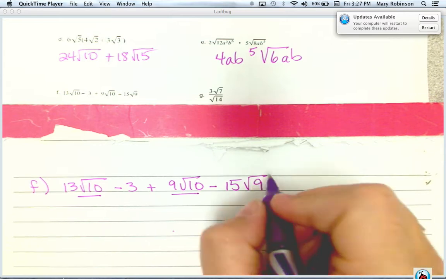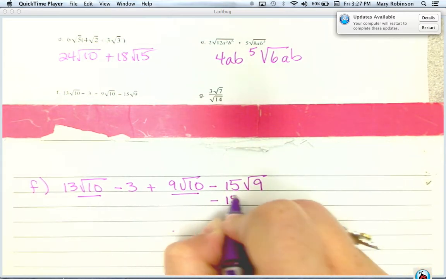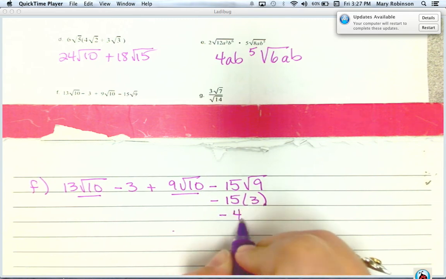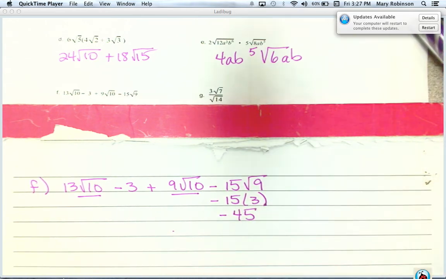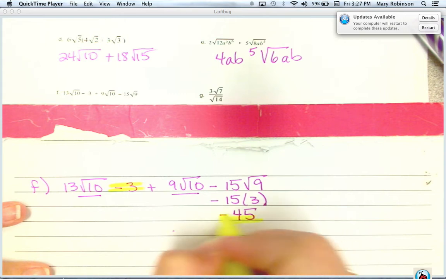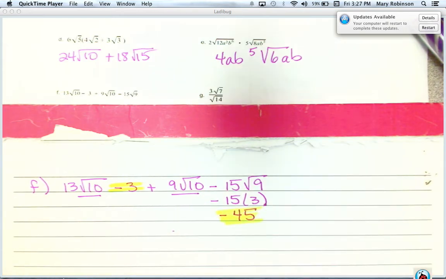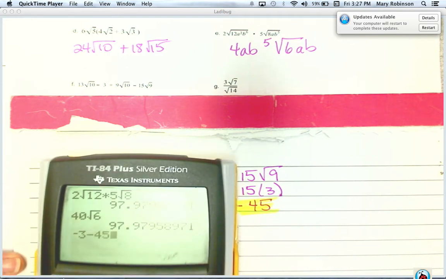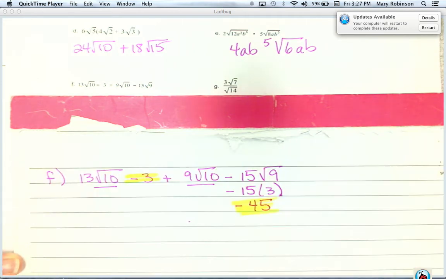Well, we should know that the square root of 9 is 3. So when we take our negative 15 and multiply 3, we get negative 45. That means then we can identify as like terms also these integers here that should be combined. Okay? So if I combine negative 3 with negative 45, and you could just type in negative 3 minus 45, we get negative 48.